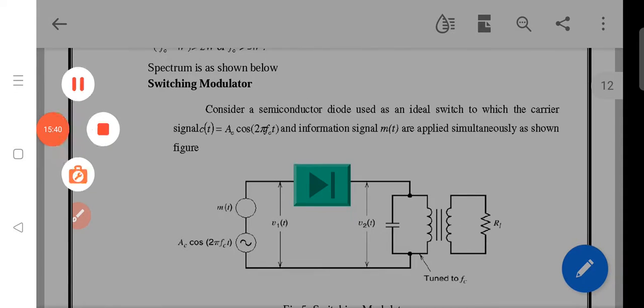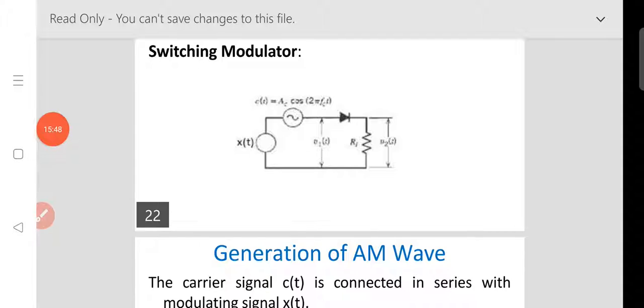Just a minute, we conclude this session with a slide. Okay, switching modulator, the block diagram of the switching modulator. In the switching modulator, the diode acts as a switching device.